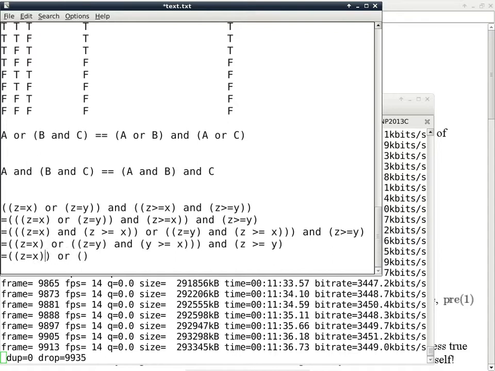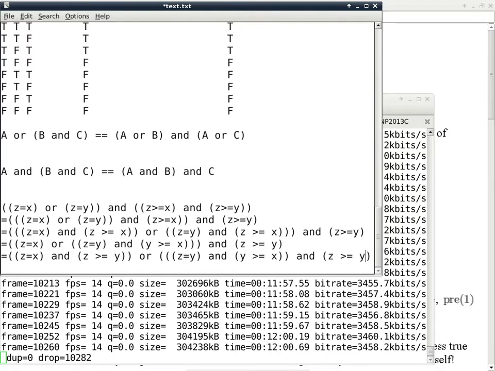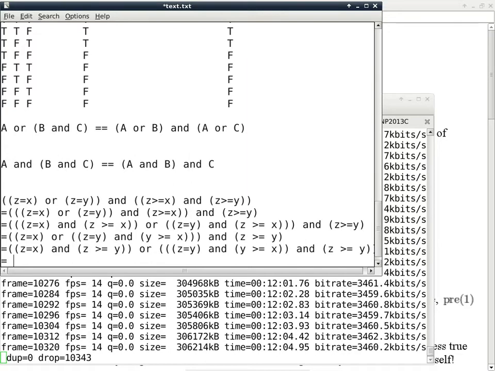This will be z equals x, and z is greater than or equal to y, or the other one, which is this entire term, and z is greater than or equal to y, and I don't think we are getting any closer because we end up with the same thing.